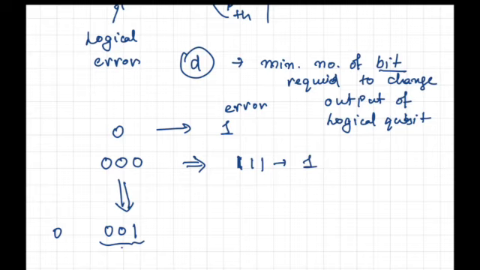So the minimum of 3 bit flips is required to change the output information of the system, so the logical qubit will not give 0 anymore. Therefore, D will be 3 in this case. Similarly, we will see the minimum number of qubits that need to change the information in the system, or get an error, so that the logical output changes. This will be the D value.